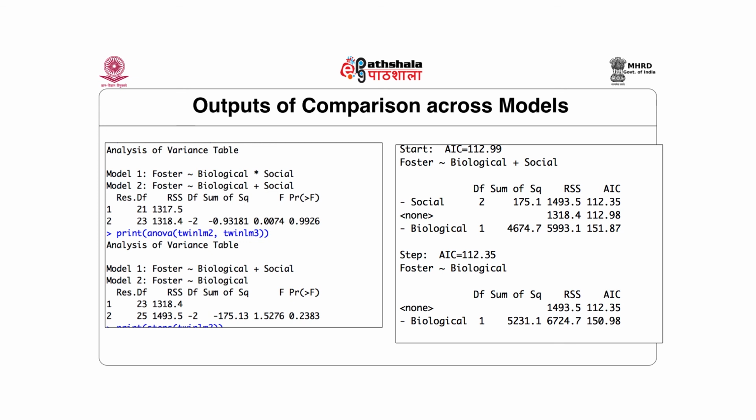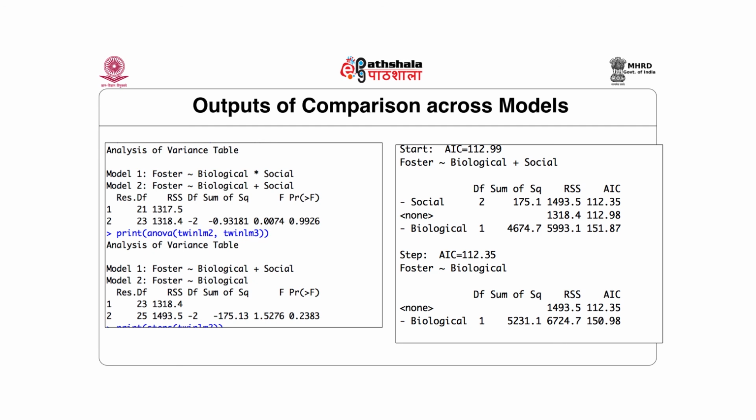So which means leaving the biological variable there would be perhaps a better ploy. So we see that here when we compare the models, the biological parenting probably explains most of the foster IQ, the IQ of children raised by the foster parents.